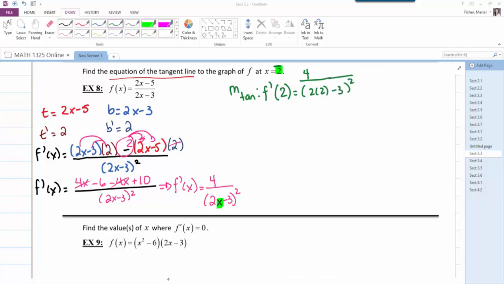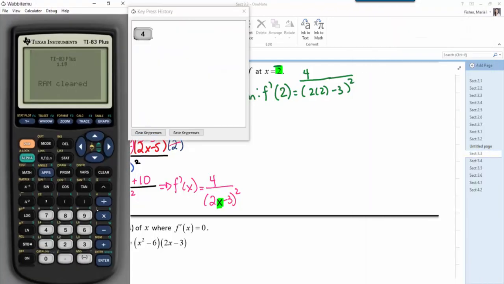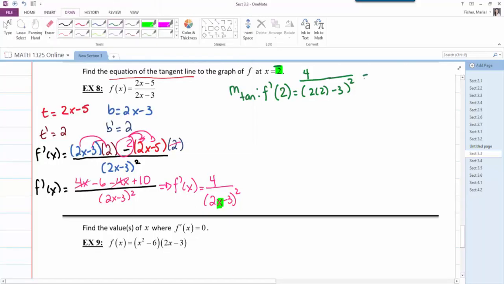So just grab a calculator to figure that out. So we have 4 divided by parentheses 2 times 2 minus 3, and all of that gets squared. And I end up with 4. So the slope of the tangent line is equal to 4.